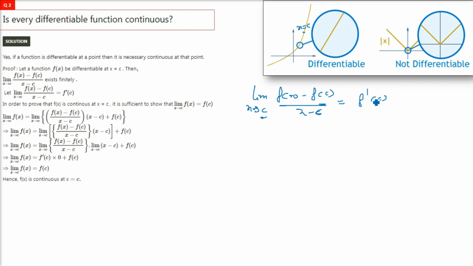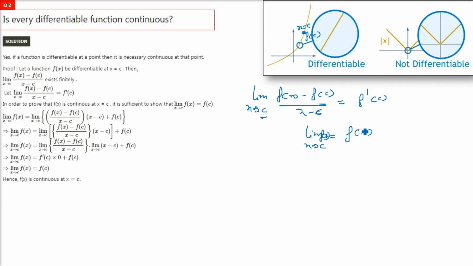Okay. So in order to prove that f(x) is continuous at x equals c, which I have just taken in that graph, it is quite sufficient to just show that limit x tends to c of f(x) is equal to f(c). If you put the value of c in f(x) and you get a value f(c), then it is continuous.